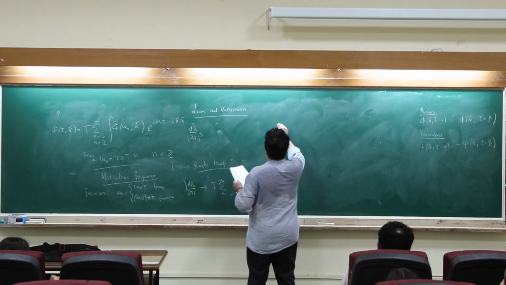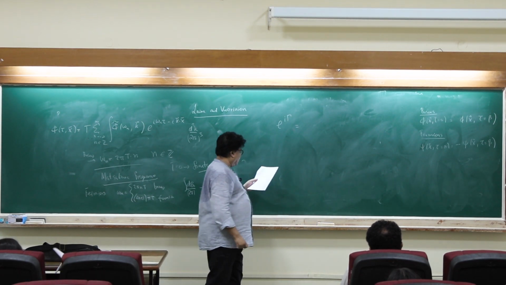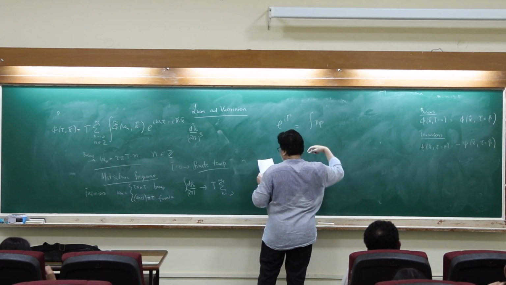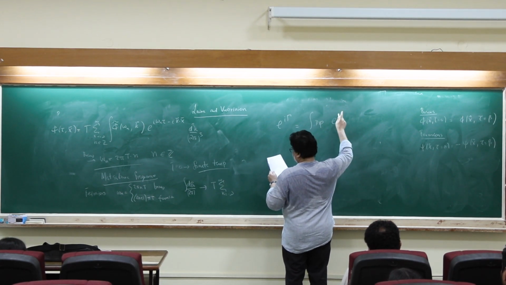So I want to calculate my effective potential by integrating out d phi in this system.